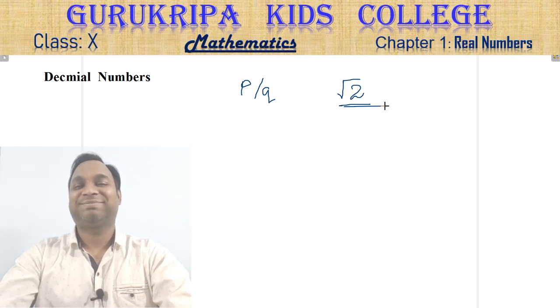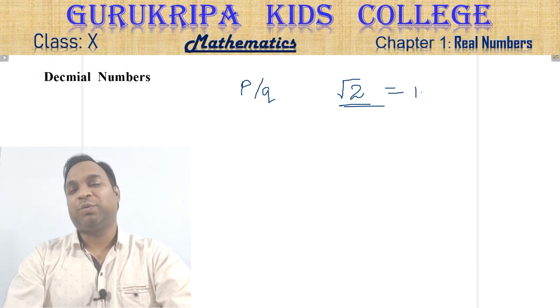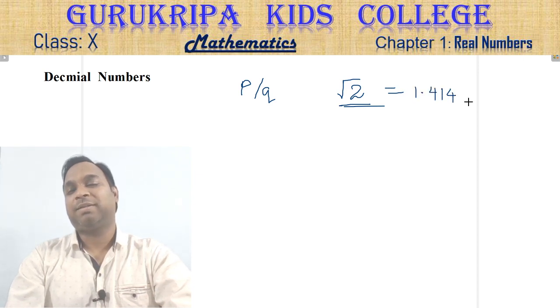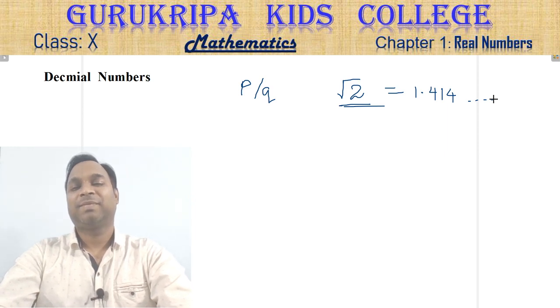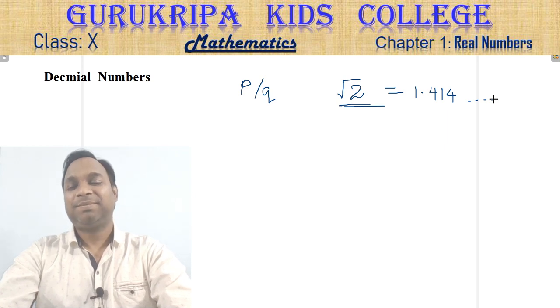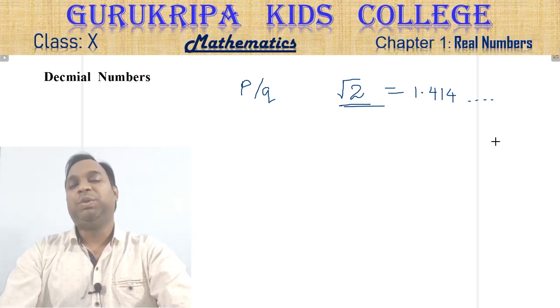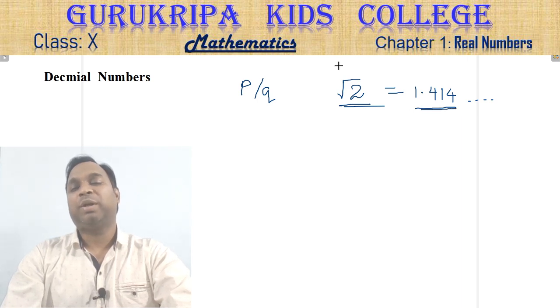Ever thought about this? Do you know square root 2 is equal to 1.414 and something else follows? And do you know that this 1.414 is not the exact value of square root 2? It is approximately 1.414.